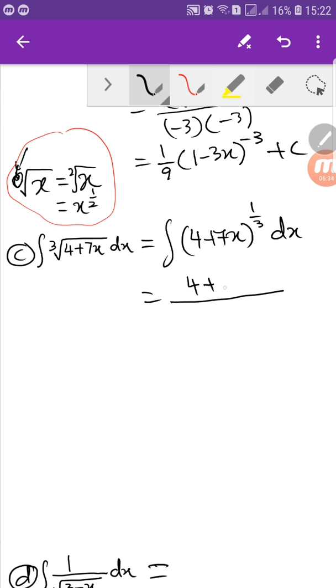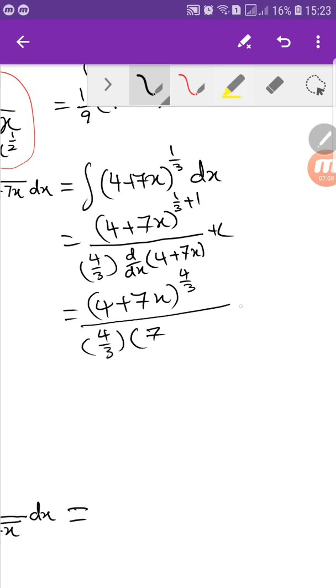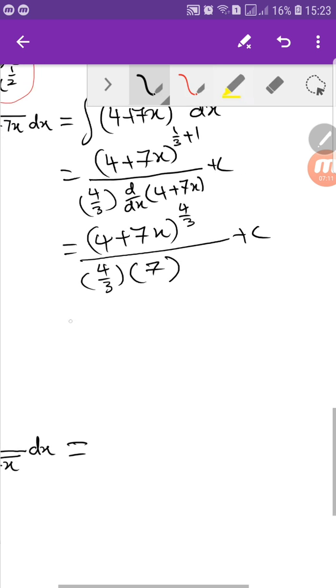Now we can integrate it. Just copy paste the bracket with the power more by 1, and the new power is 1 over 3 plus 1, which is 4 over 3. Then don't forget to add the differentiation of the bracket, and then plus c at the back. So (4 plus 7x) to the power of 4 over 3, divided by 4 over 3 multiplied by 7.